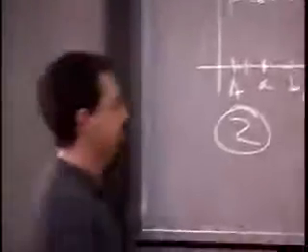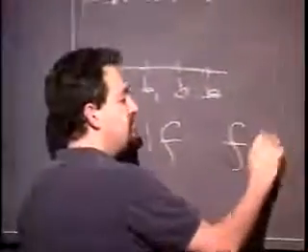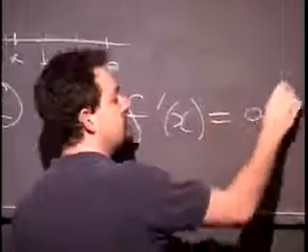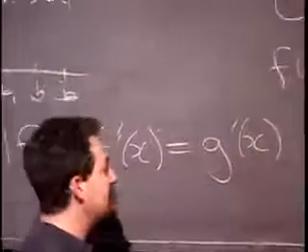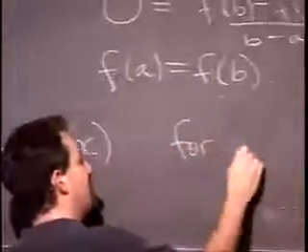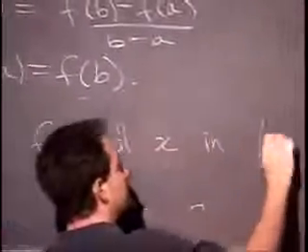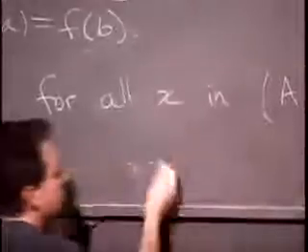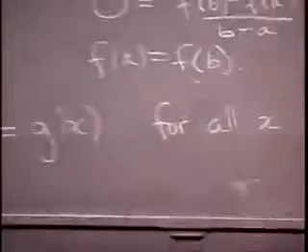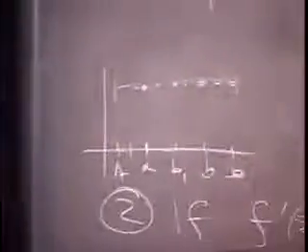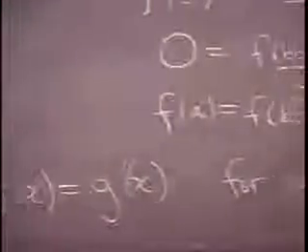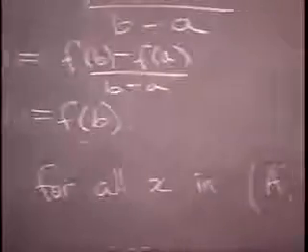2. Suppose that f prime of x equals g prime of x for all x in some interval a, b. This is actually the most useful thing. So two functions have exactly the same derivative everywhere. They're both differentiable everywhere on this open interval a, b, and they have the same derivative. What can you conclude? I ask you, people in the room, not people online, if two functions have the same derivative, then they must be what?